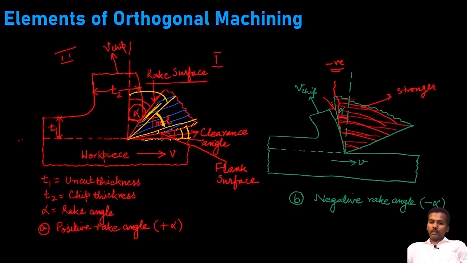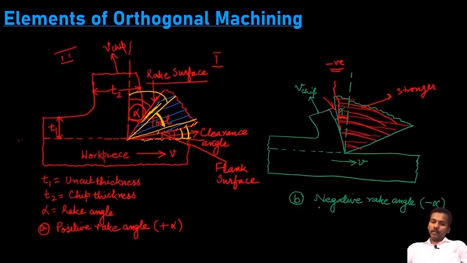Now this is the positive rake angle case, and this is the negative rake angle case. There may be another case, that is the zero rake angle. How will it be? If the rake surface remains parallel to the normal, then this angle becomes 0, the zero rake angle. When the normal plane, the reference line and the rake surface coincide, there will be a zero rake angle.